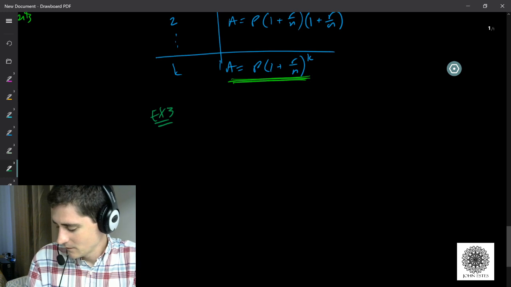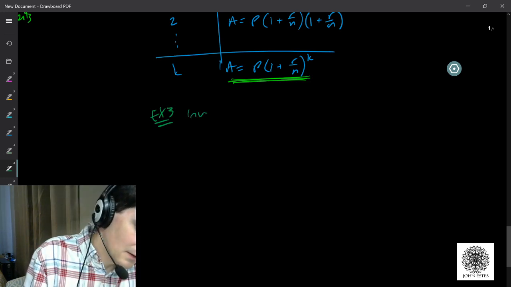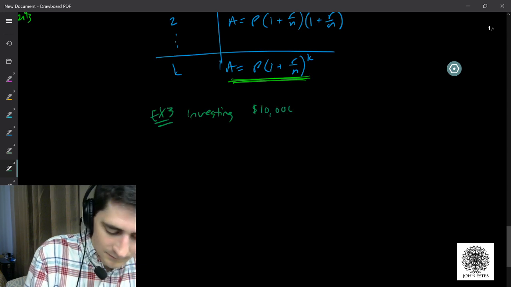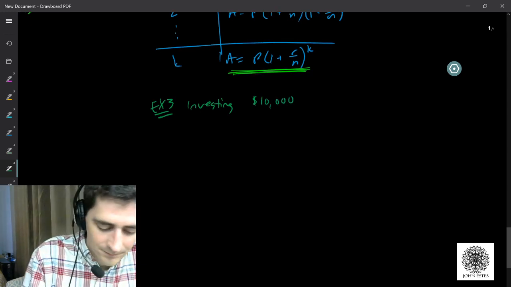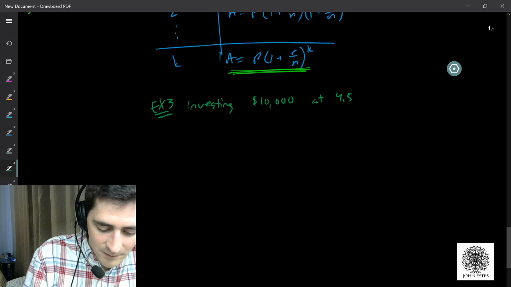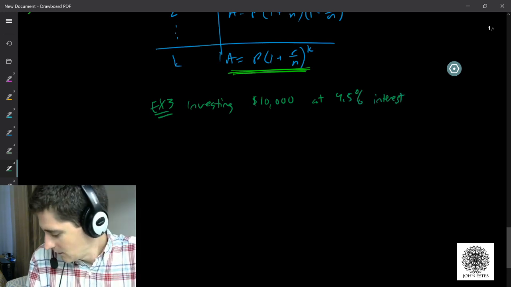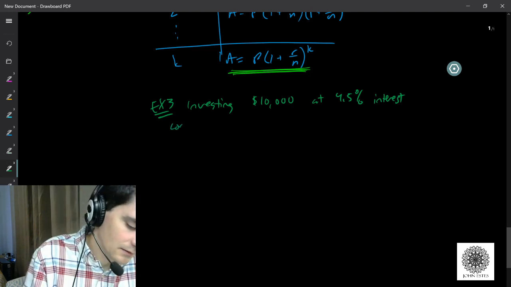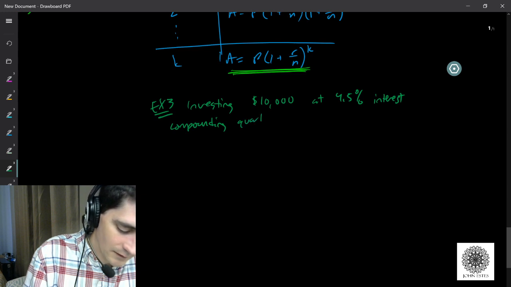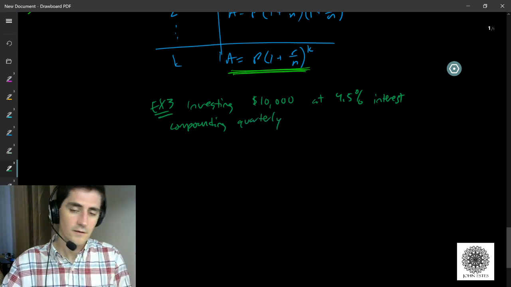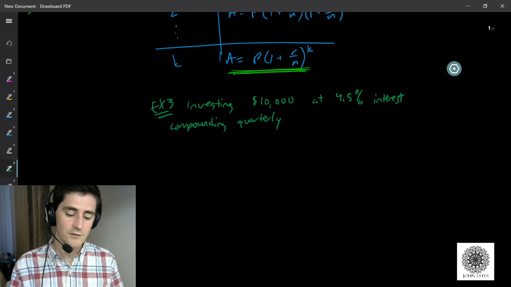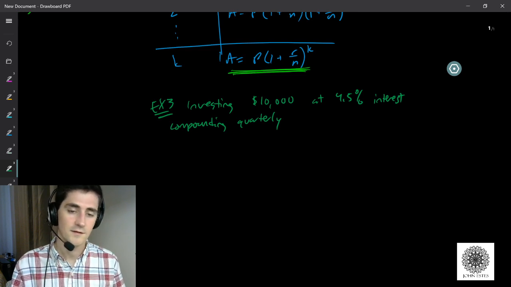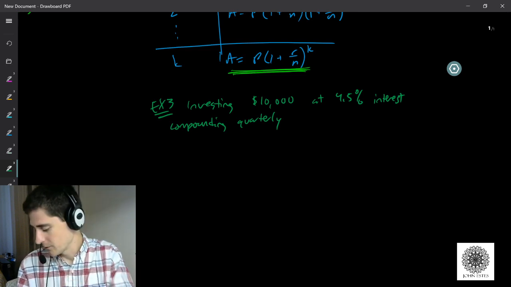Sandy invests $10,000. Okay, so investing $10,000 at 4.5% interest, and it's compounding quarterly. All right, so this account is applying the interest quarterly. So that means 4 times a year, or once every 3 months.